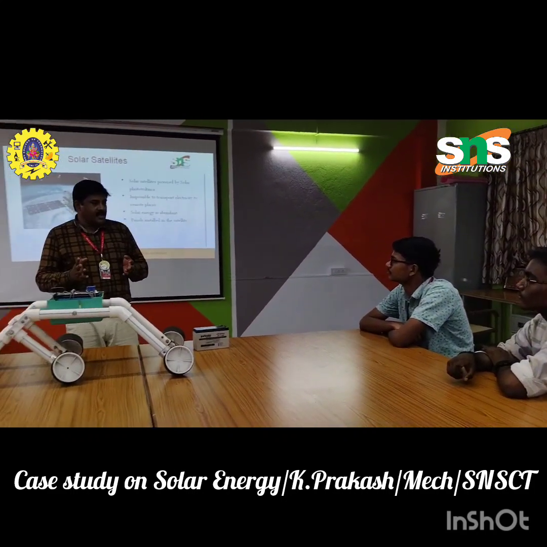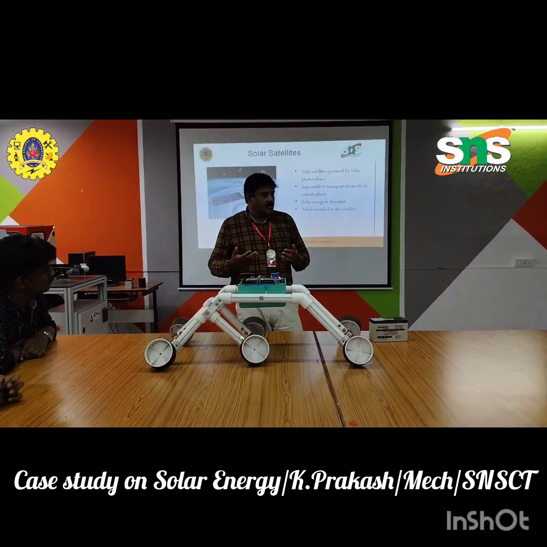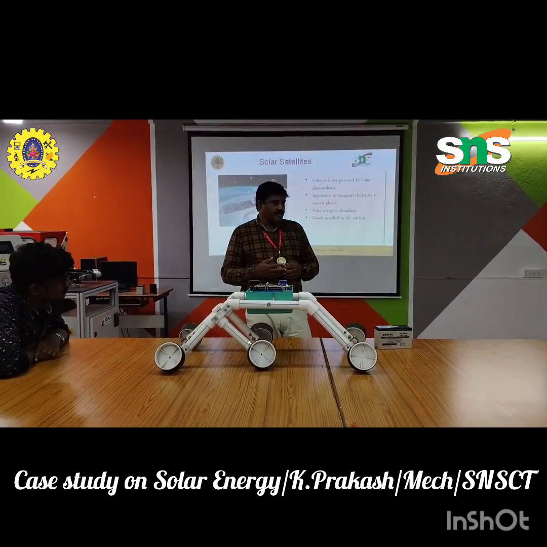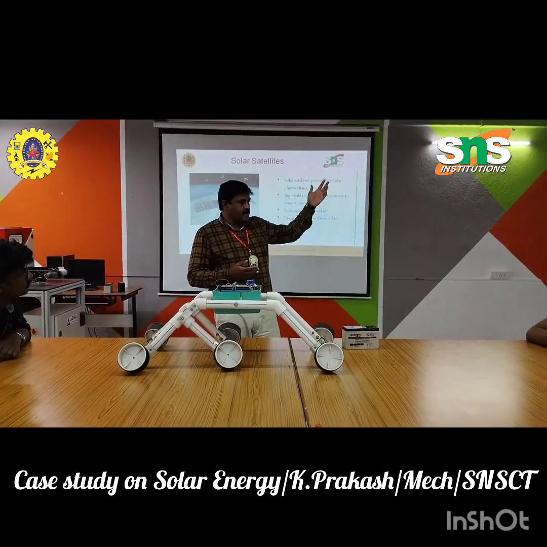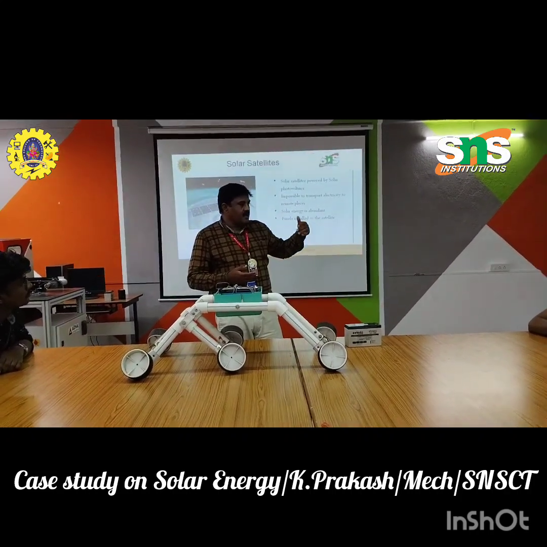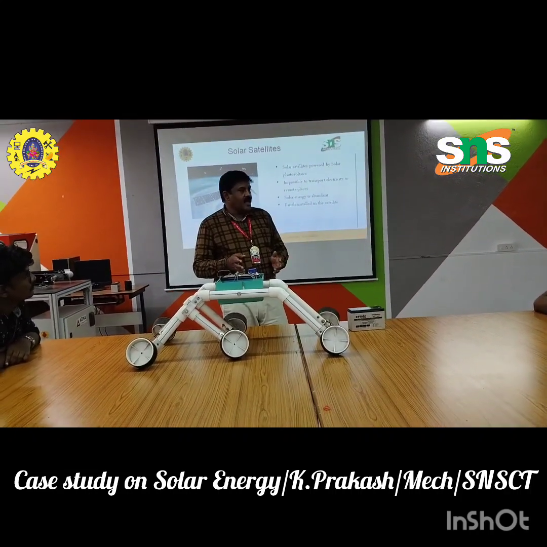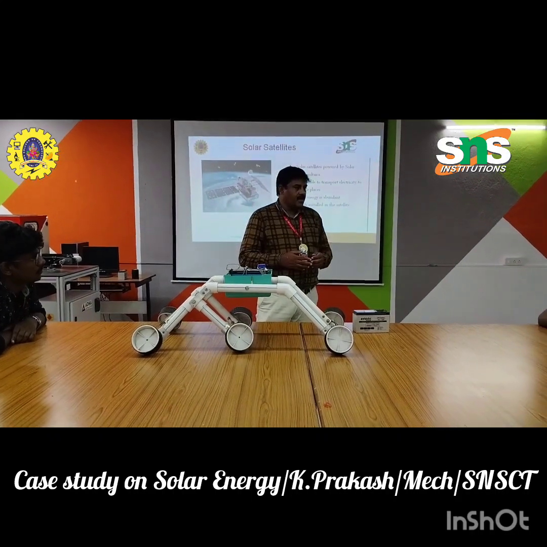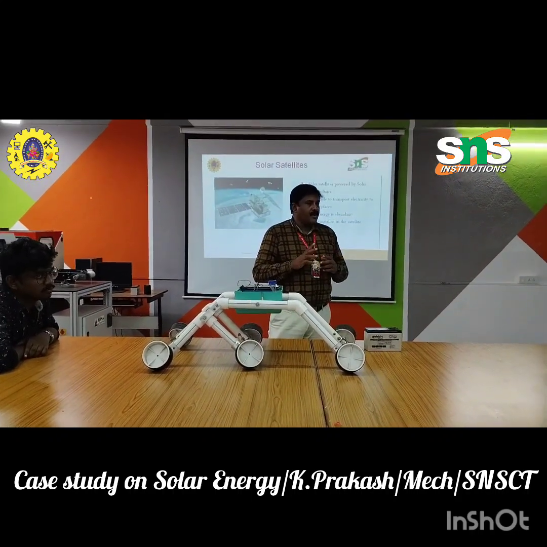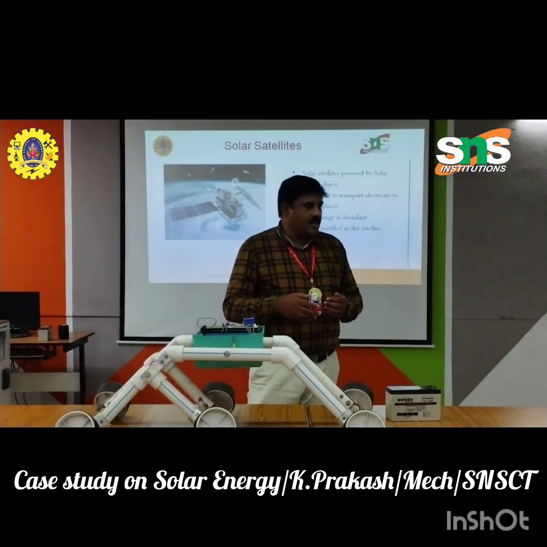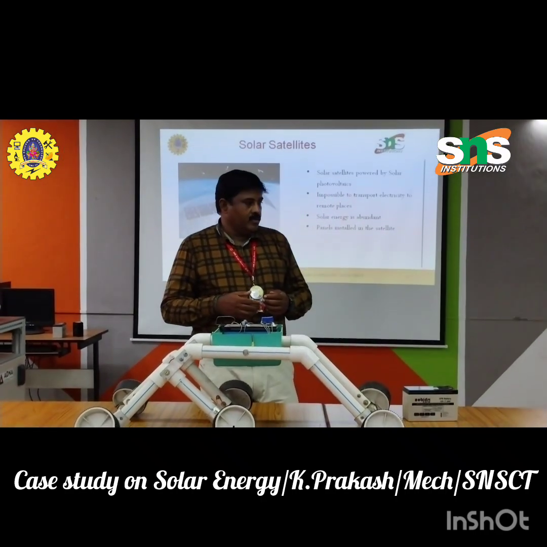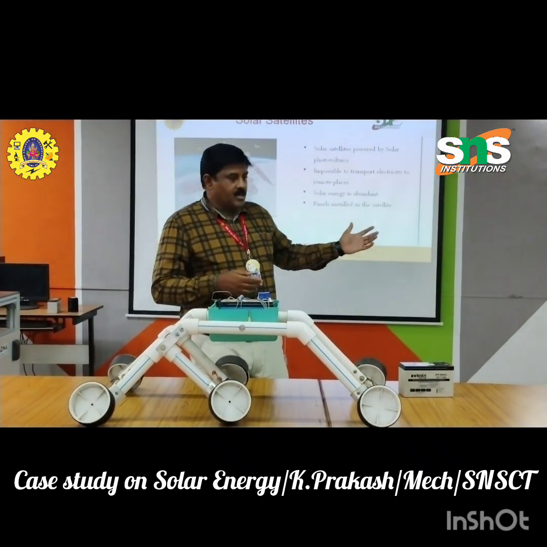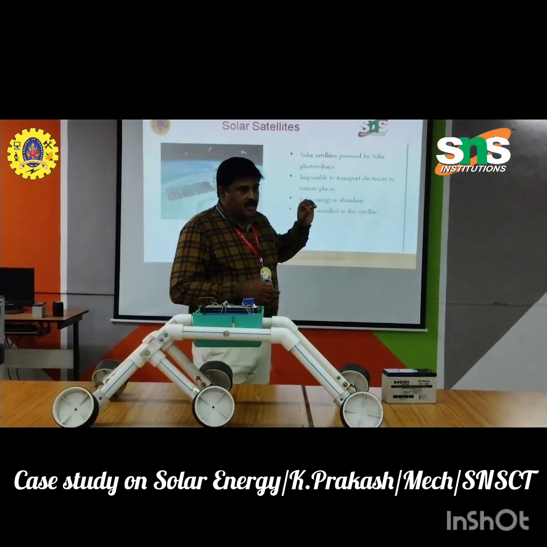The launching missiles use some fuels to carry the satellites, but after reaching space, the satellite is detached and moves in a particular orbit. When the satellite moves in the orbit, it needs some energy to move. That energy is solar energy.